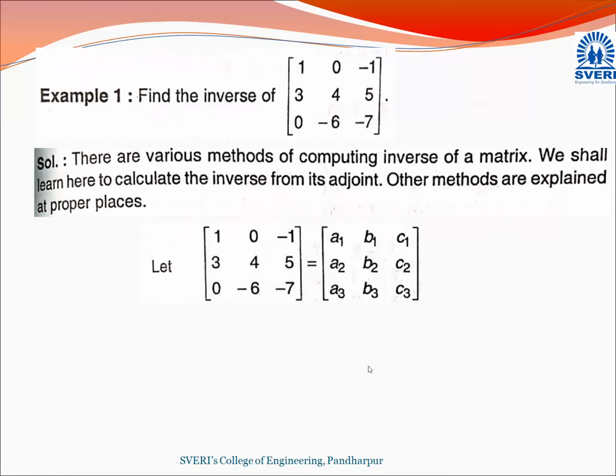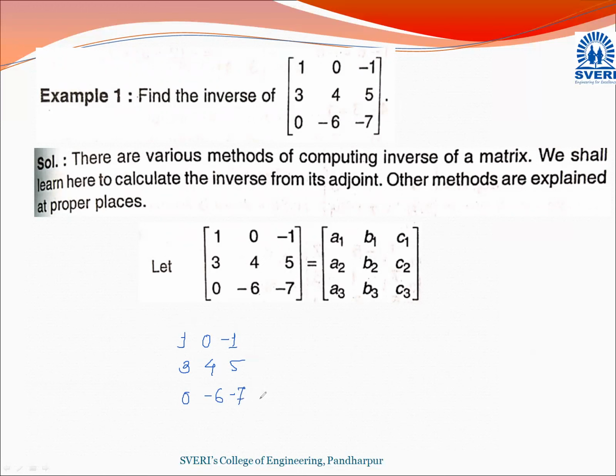Let us consider. There is another method to finding out A inverse easily. So as we know that A inverse, while we are taking that this matrix, we have to write that matrix like this. First write that 1, 0, minus 1, 3, 4, 5, 0, minus 6, minus 7.